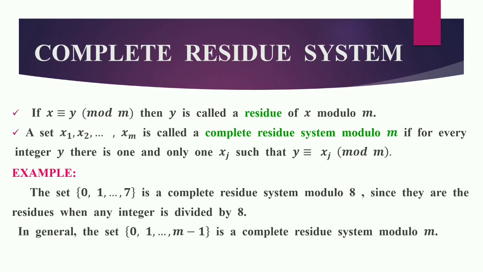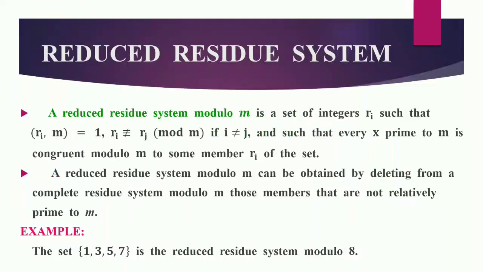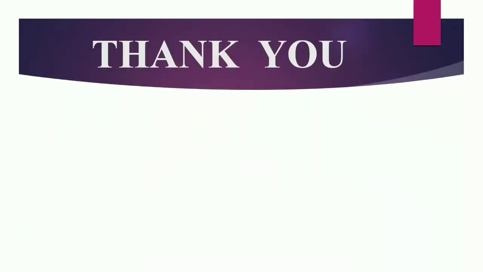Since 0 is not relatively prime to 8, 0 is not in the reduced residue system modulo 8. Since 1 is relatively prime to 8, 1 is in the reduced residue system modulo 8. Similarly, we have 3, 5, 7 in this set. Therefore, the set 1, 3, 5, 7 is the reduced residue system modulo 8. Thank you.